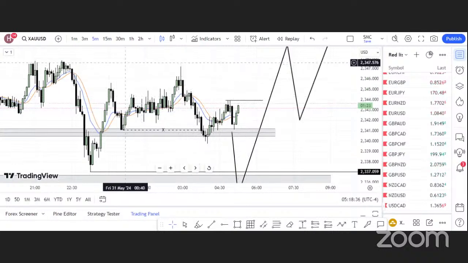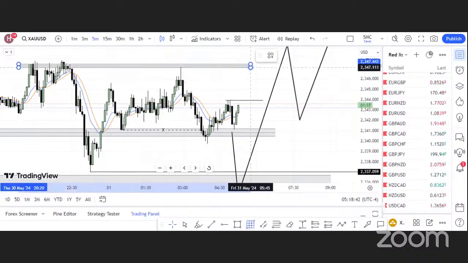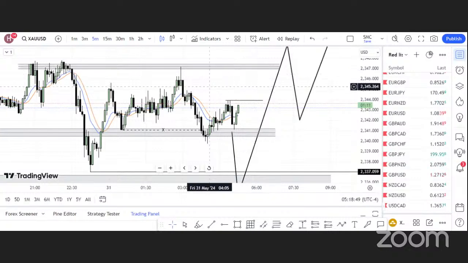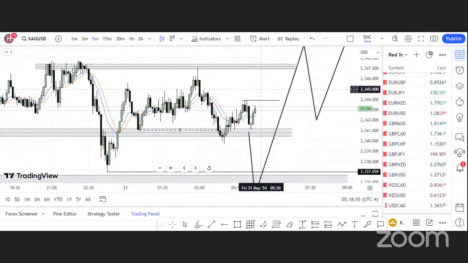And we have several levels here where the market can also pull back from. We have levels where the market can get to and drop, right?